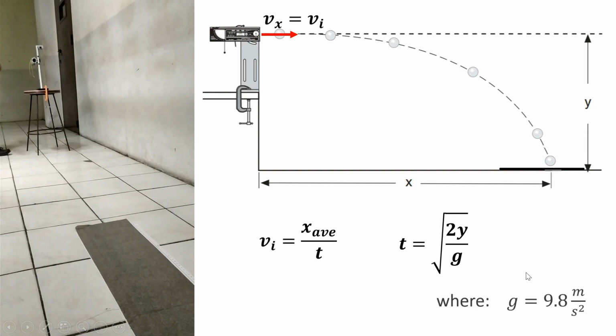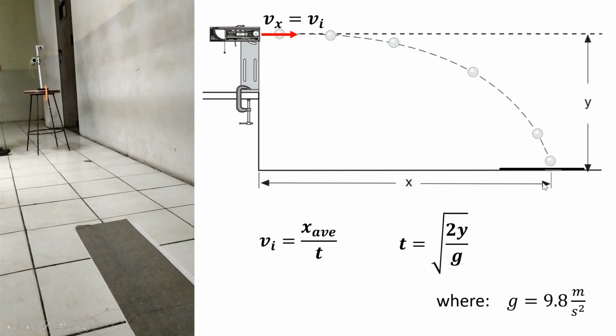And note that the acceleration due to gravity is 9.8 meters per second squared. It means to get the initial velocity, we have to measure the height from the center of the ball to the ground. And we are also going to measure the range from this point to the point where the ball hits the ground.